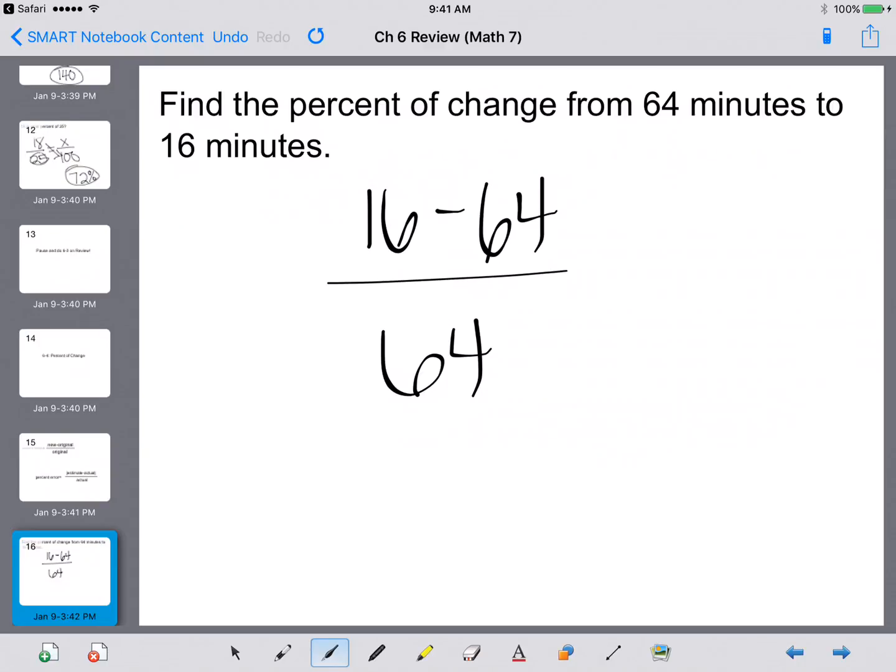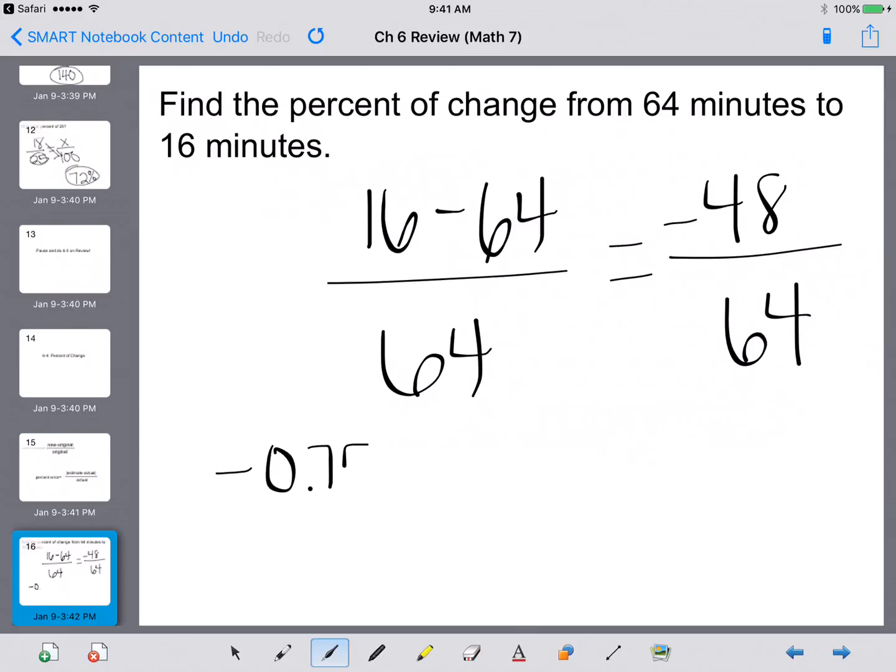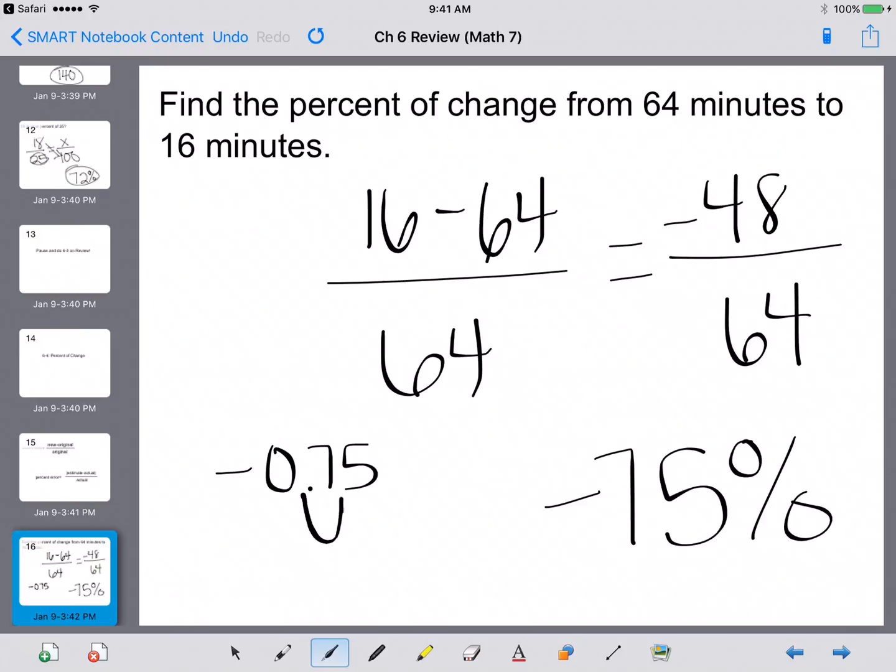So 16 minus 64 is negative 48 over 64. Then you just do negative 48 divided by 64 to get negative 0.75. Turn that into a percent, and it would be negative 75% because you just move that decimal place over 2 spaces.